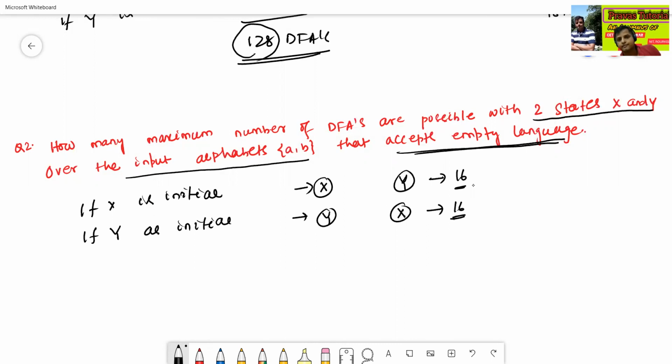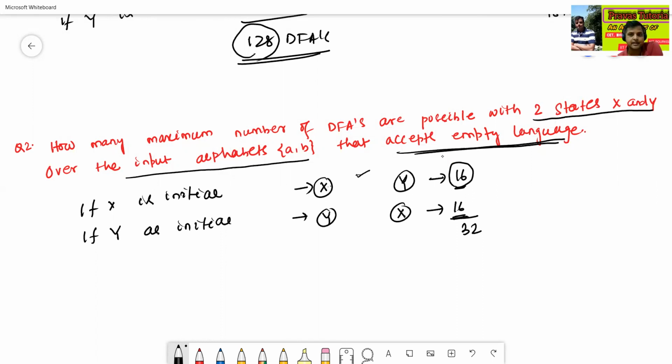That means a total of 32 DFAs accept only the empty language. If X is initial and X and Y both are non-final, then it will accept the empty language.